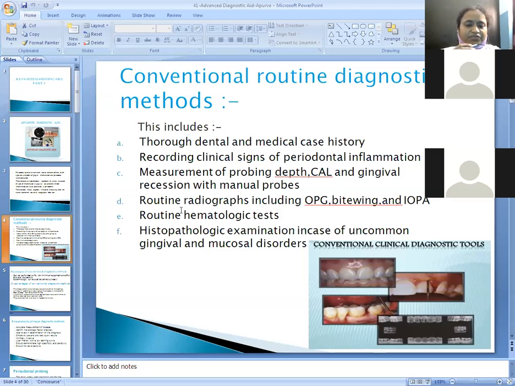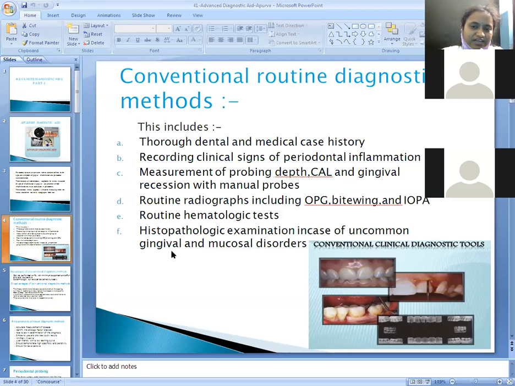Other than that, there are histopathological tests and other diagnostic tests like routine hematologic tests. Other than hematologic tests, some biochemical tests are also there, and some genetic tests are also there. So advanced diagnostic aids comprise 4 different types of tests.